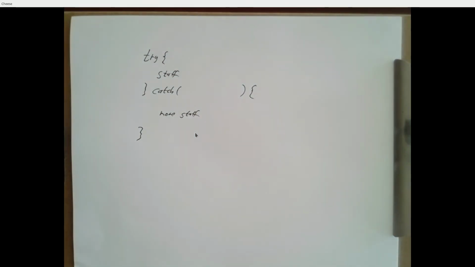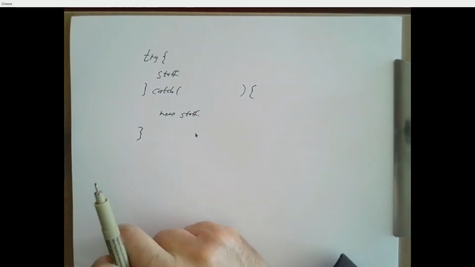And in this catch block, it takes something that looks like an argument, and it specifies what type of exception you're trying to catch here.